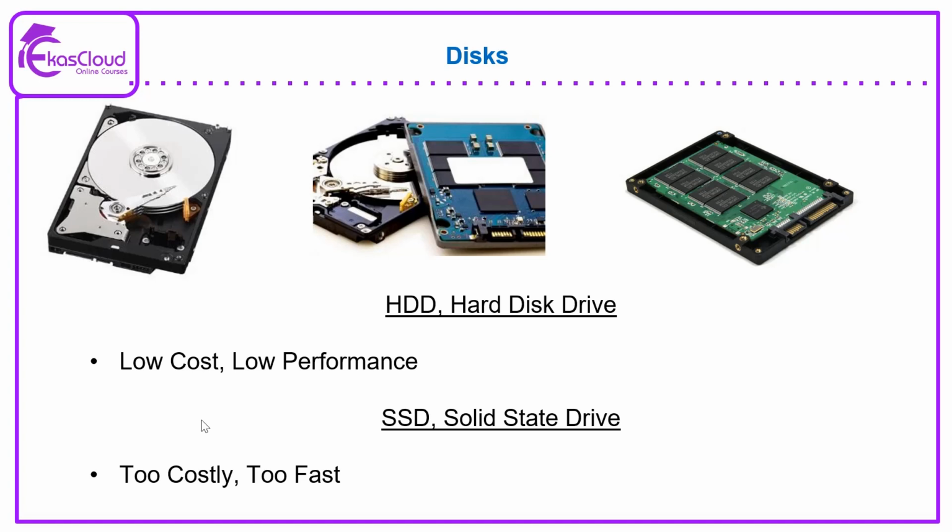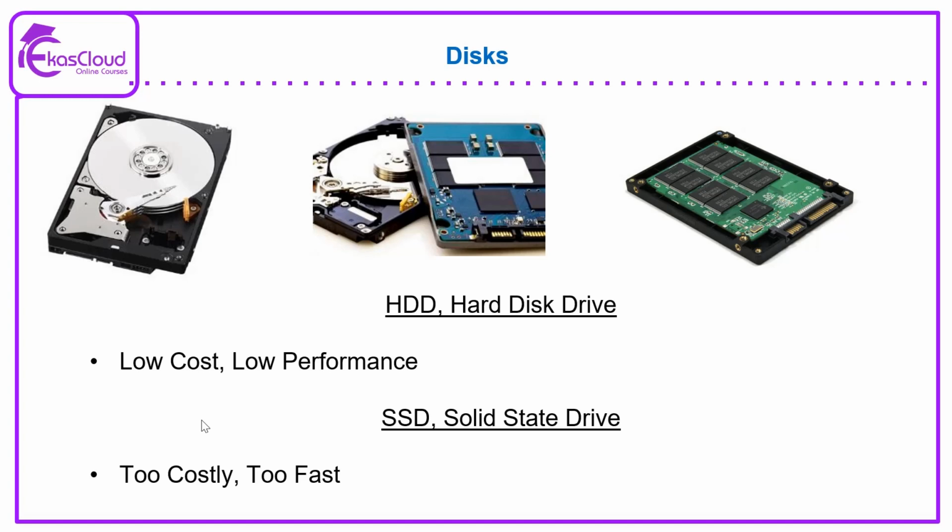It's delicate, so if it falls down, the data is lost, and that's why it's not considered very reliable. A solid state drive, while, has no moving parts. It's static. All the memory is stored in chips which are static, and that's why it's considered to be more reliable and more robust.